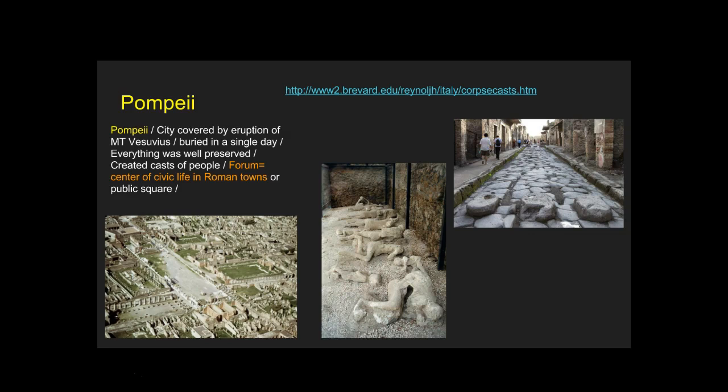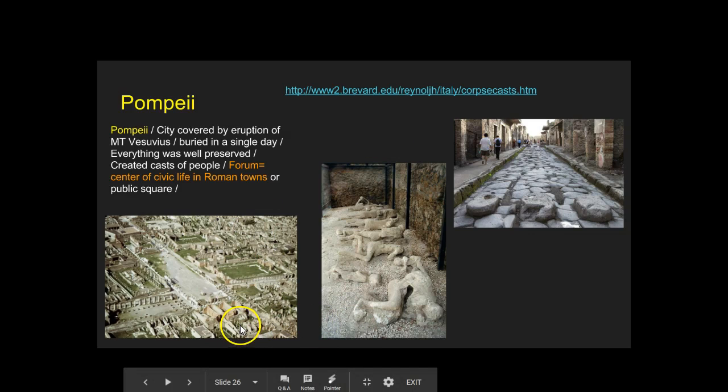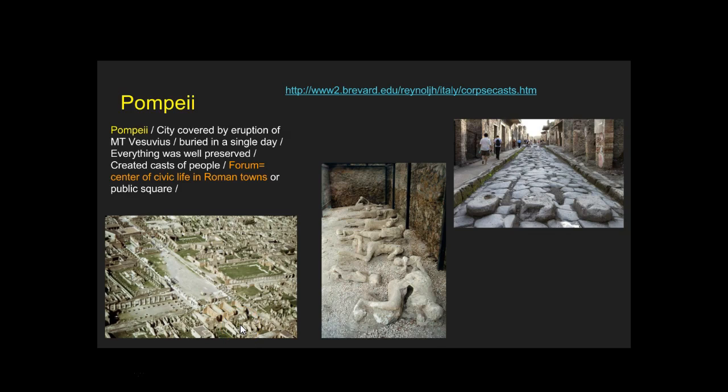Pompeii. So you know a lot about Pompeii. Again, we went on the field trip last year to Pompeii at the Union Station, and it was absolutely incredible. But basically what happened was Mount Vesuvius erupted with little to no warning. A lot of the issue was that people of this area had never seen an eruption of a volcano or had no clue even what it was.